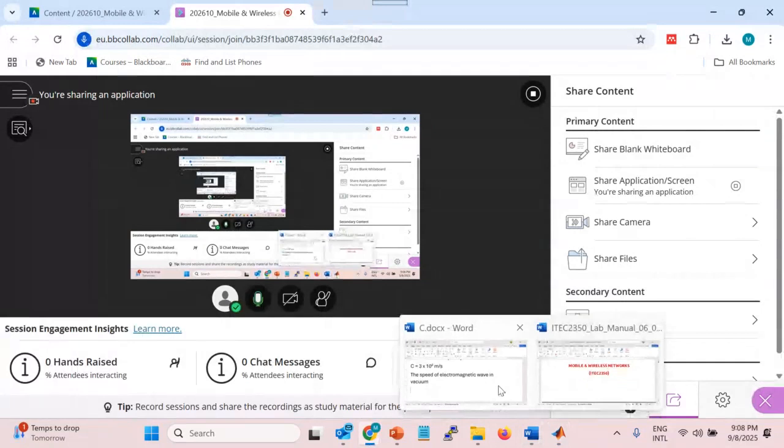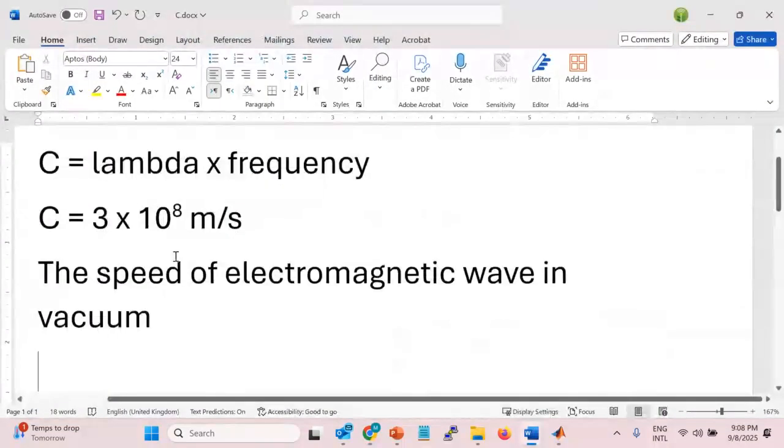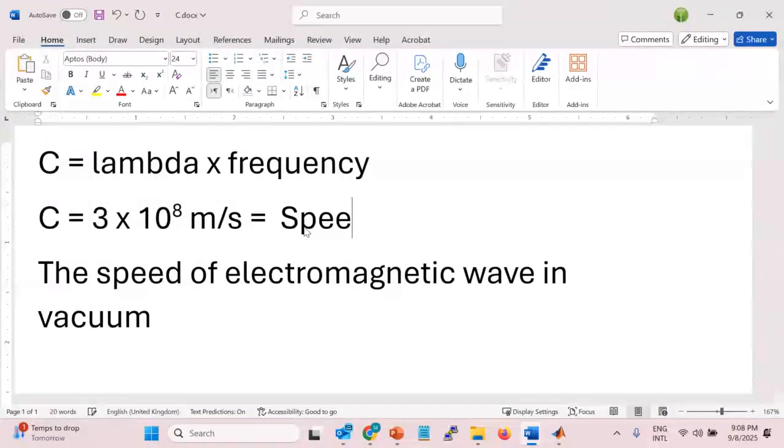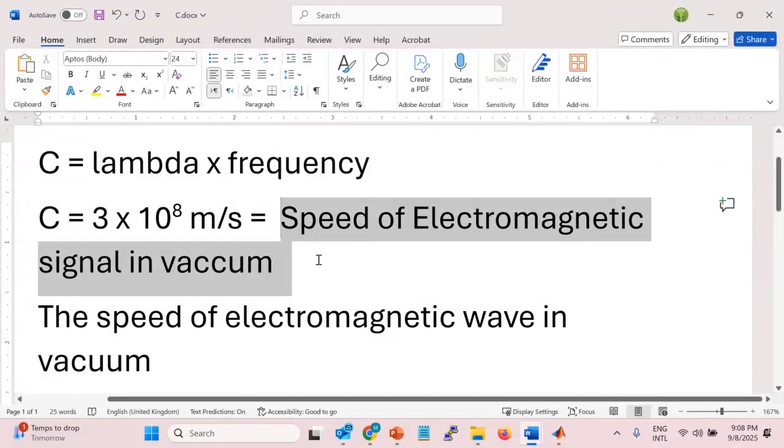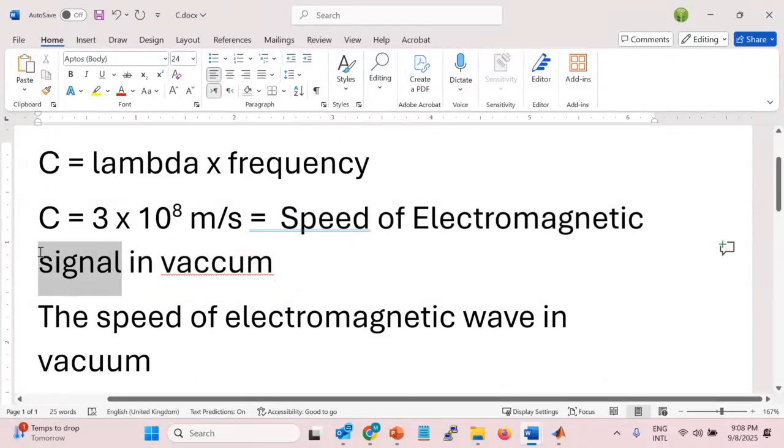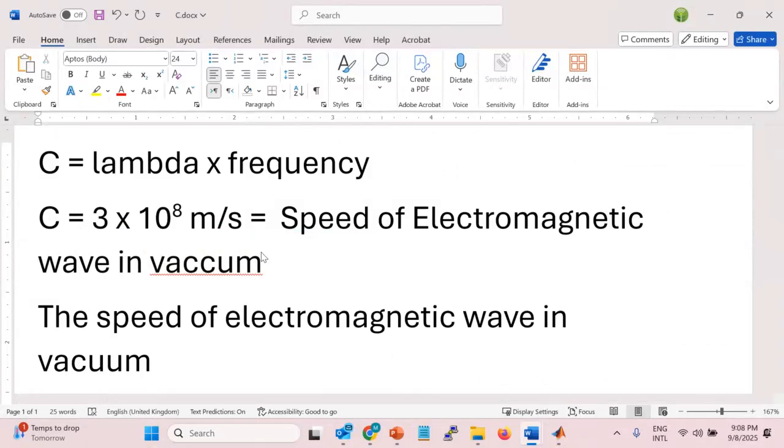You know the formula, C equals lambda f. C is the speed of light, the speed of the electromagnetic wave in vacuum, 3 times 10 to the power 8 meters per second.